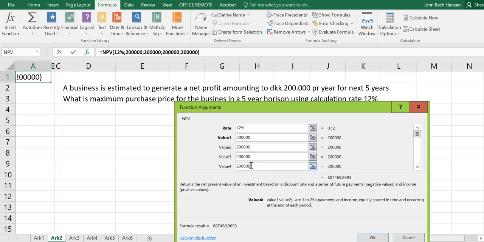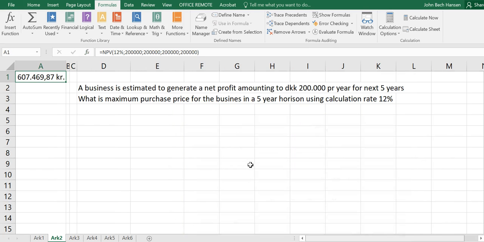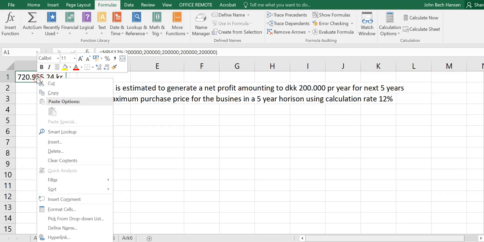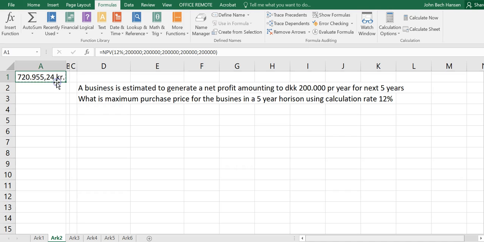So this is a variable payment for each period. I just need one more though, because I have only 4 years here, so I'll just put in an extra one, 200,000. So I'll just cut and put it down here.